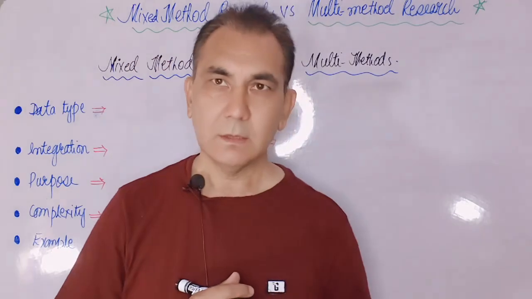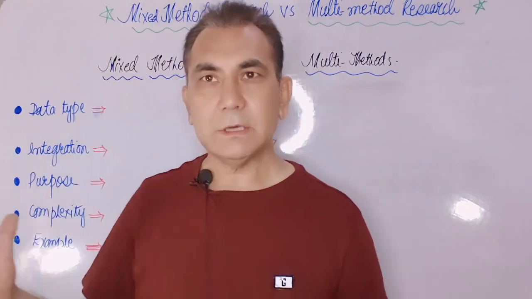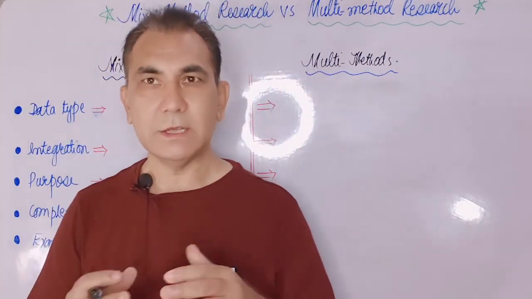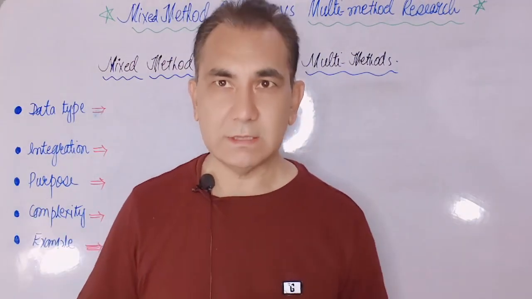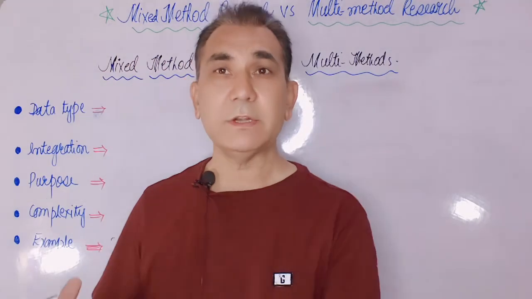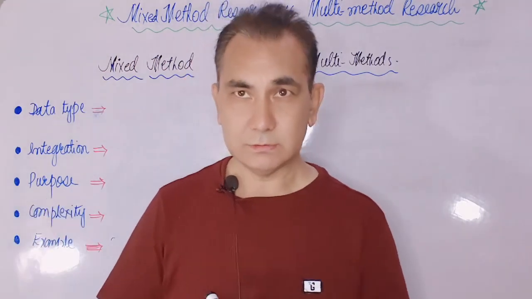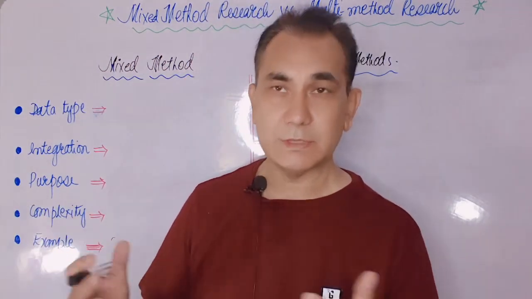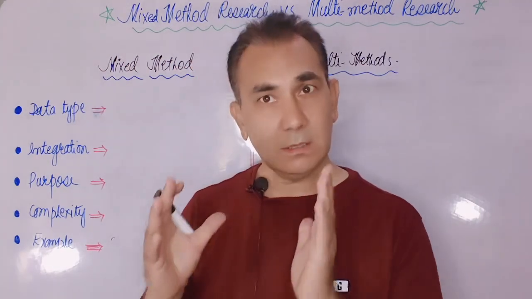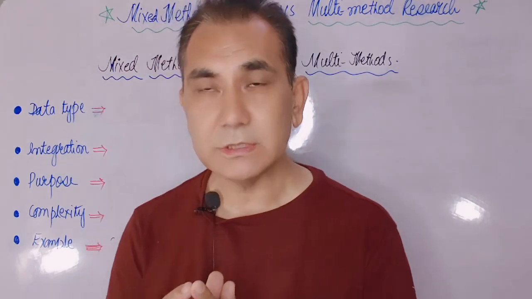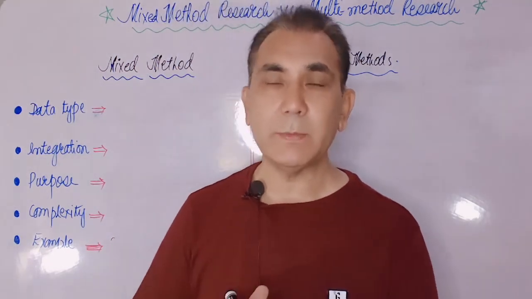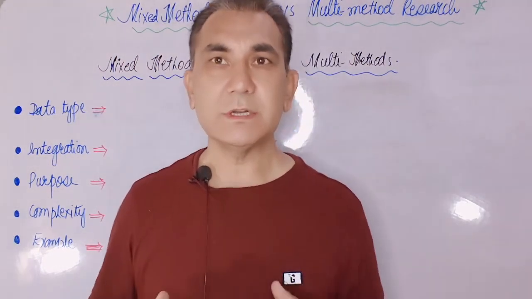While in the multi-method research study design, by using an example, if a researcher wants to assess the factors which are affecting the API coverage in children under 5 years, and conducts this study in the multi-method research design but in the quantitative paradigm, what does the researcher do?